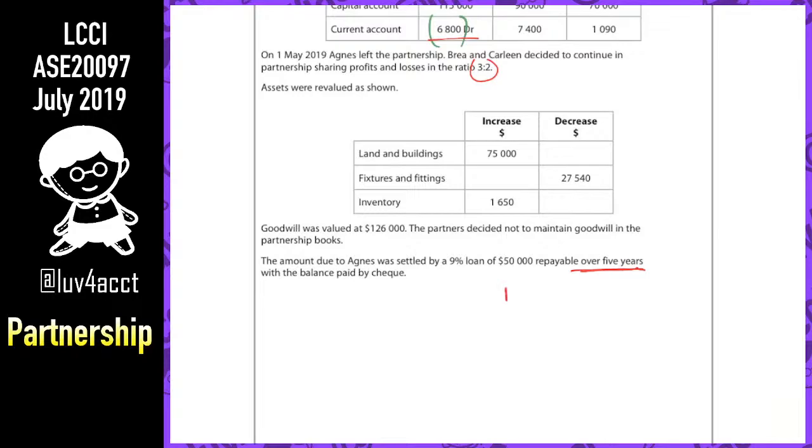It is borrowed on the 1st of May, so next time you will repay on the 1st of May, and our 1 year cut off is from the 1st of May to 30th April. That means it will be long term.